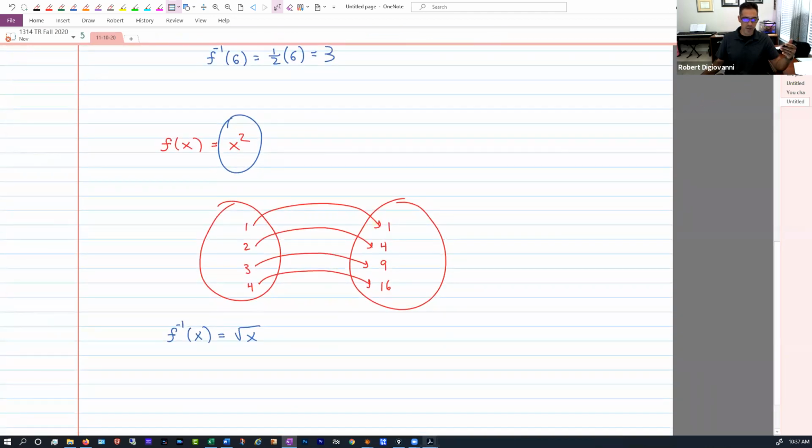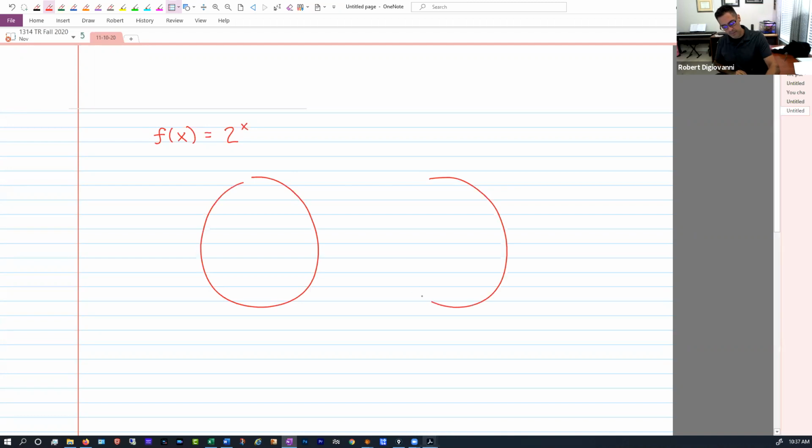Any questions? Because I'm about to show you something that's going to be very weird. But you have to have this basic idea down first. Okay, let's look at this function. This is where things are going to get weird. f of x is 2 to the x. That is an exponential function, right? We just started talking about these. Let's take a look at what it does. Takes number 1, 2 raised to the 1 is 2.